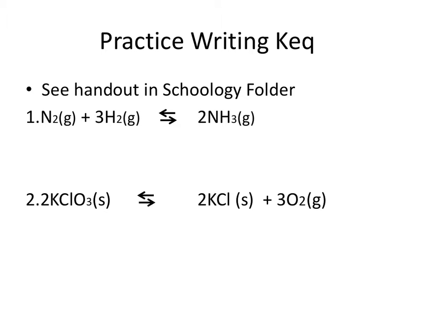equations. So we'll do so by writing K is equal to the products, which in this case is ammonia, to the power. It's got a coefficient of 2, so that becomes the exponent. So products over reactants. One of the reactants is nitrogen gas.